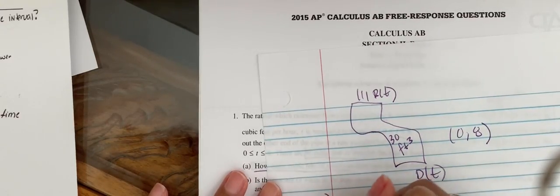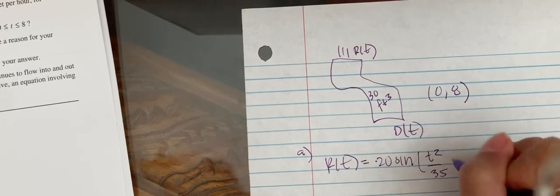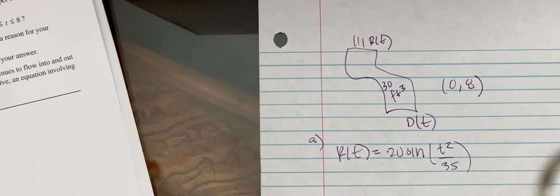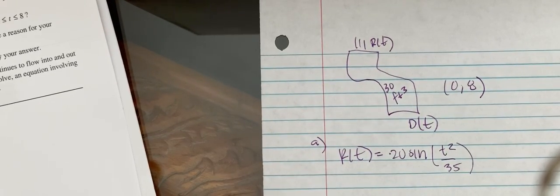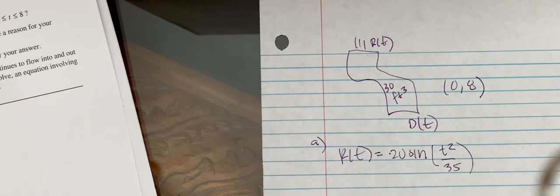What's the water that flows into the pipe? Well, that's going to be R(t), equals 20 sine of t squared over 35. This is how fast the water is going in, but it asked us how many cubic feet of water went in over the whole course of time.